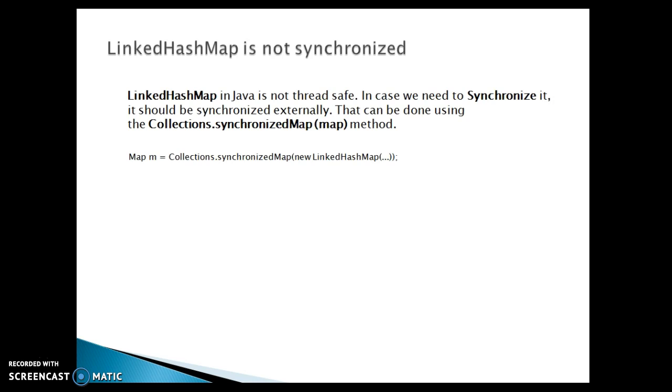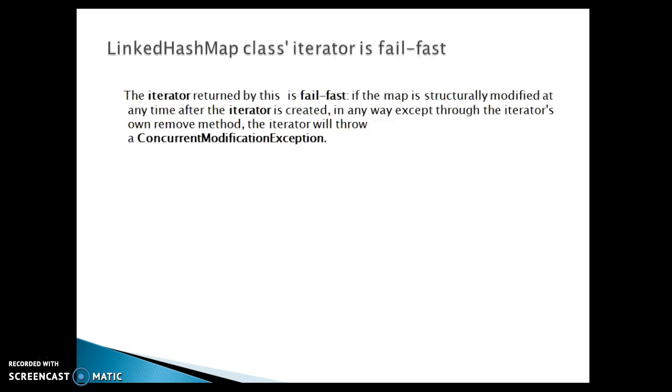So if you want to synchronize a linked hash map or hash map, then use Collections.synchronizedMap, and you need to pass the map which you want to synchronize. So a single lock will be maintained on the linked hash map or hash map object level, right?